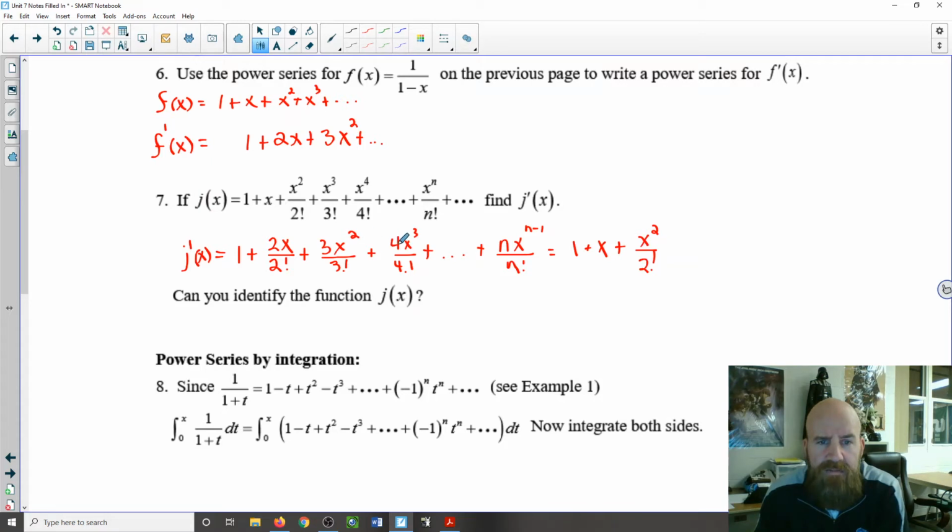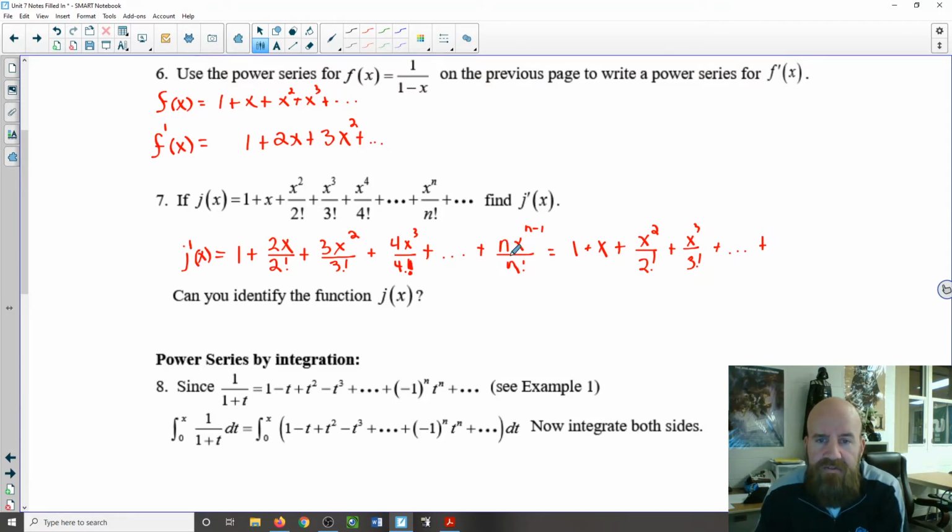And then the next one, 4 over 4 factorial. I don't know why that shifted over like that. So 4 over 4 factorial, the 4s cancel, and we're left with 3 factorial. And then the general term, we could simplify this.